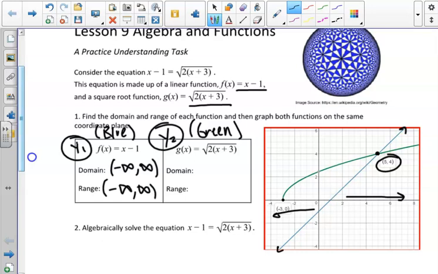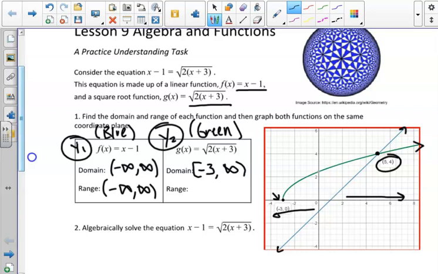Let's talk about our green graph, our square root function. For our domain, we want the lowest x value possible. Notice right here, our lowest x value is negative 3. Therefore, we would use brackets. Brackets represent equal to, so negative 3 is our lowest. And our highest x value, notice this keeps going, so we would say infinity.